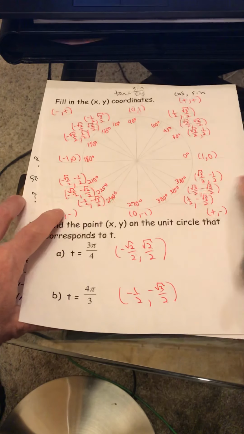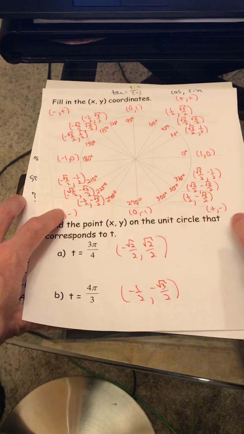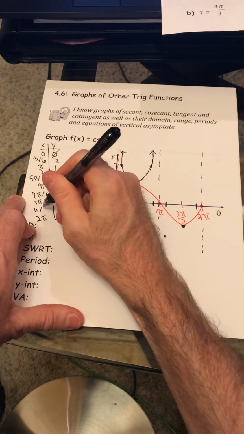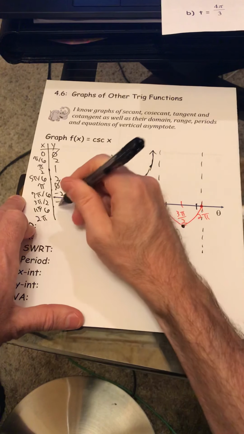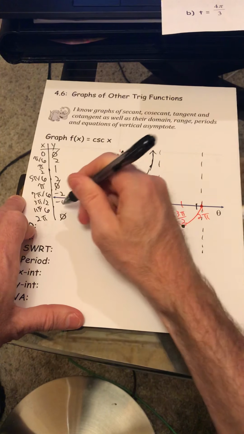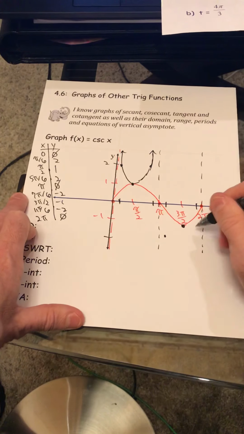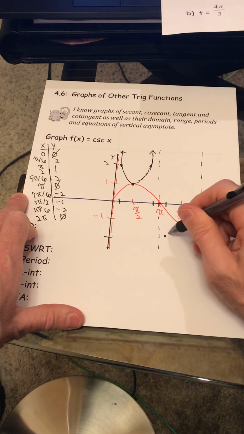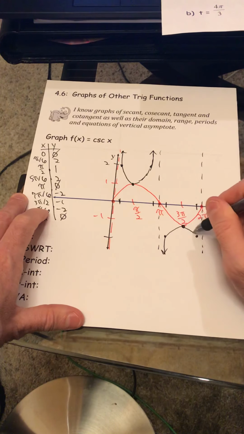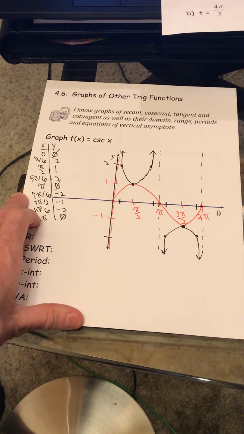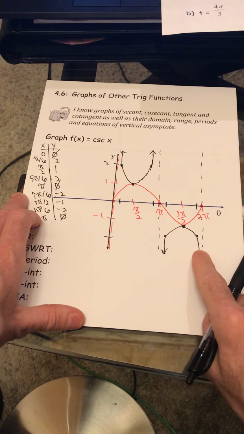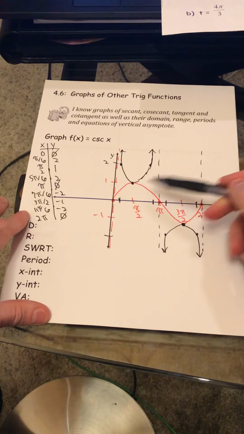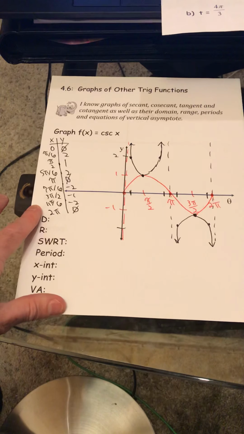And last, 11 pi over 6 for that in-between point there, which also will have a reciprocal of -2. So, what ends up happening here is you have that parabolic-shaped curve pointing downward. So, cosecant looks like this.